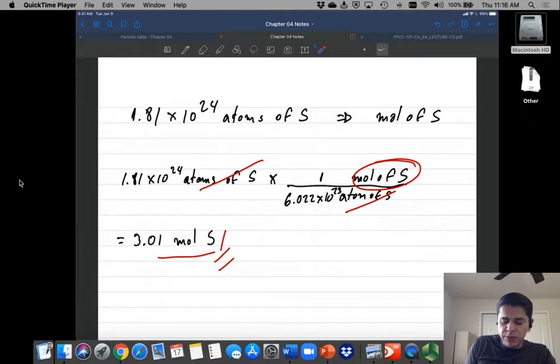So since we're doing multiplication and division, the rule that applies is we go by the number with the least number of significant figures. Well, the only number that we have that does not have infinite significant figures is this one, so we just go by the significant figures of this number. And this will apply for every kind of conversion that we do using this method.